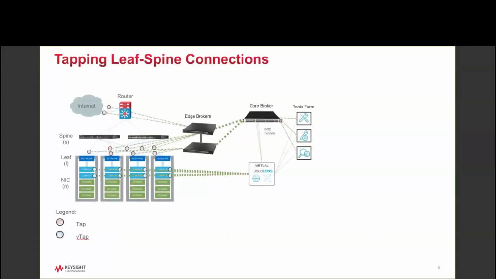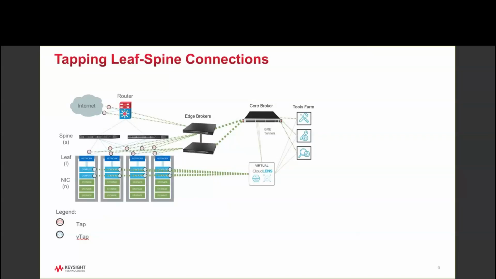This first one here shows tapping the connections between the leaf switches and the spine switches, or your aggregation switches and your core switches. So this gives complete visibility within that mesh, those red dots you see above the server cabinets. And typically this leads to fewer connections being tapped, but they're very high speed.